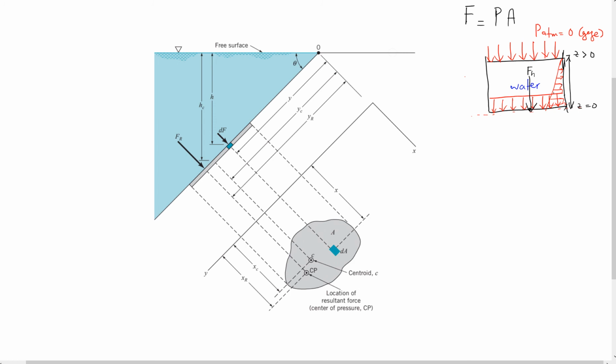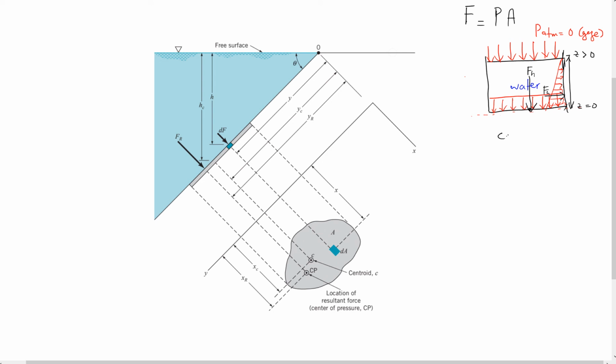If I draw the hydrostatic force perpendicular to the wall, it goes through the CP. We call it CP. This is the centroid, this is the CP. CP means center of pressure.